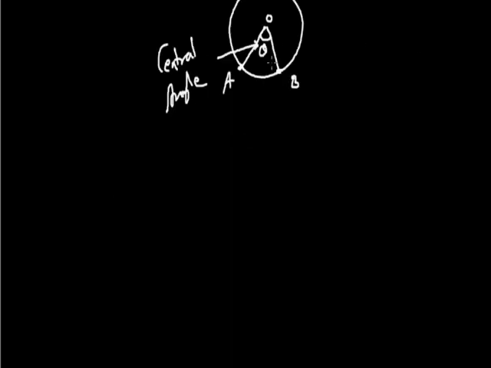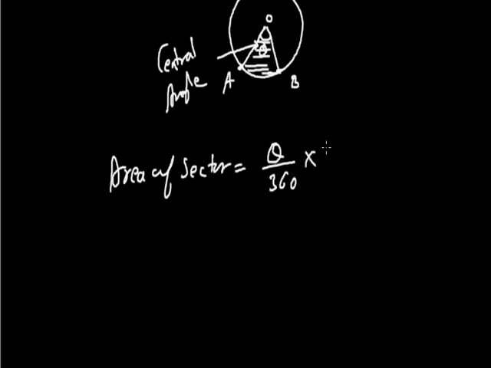Now we can find the area of the sector. Area of sector is equal to the central angle theta upon 360 times pi r square. So by this formula we can find the area of the sector.